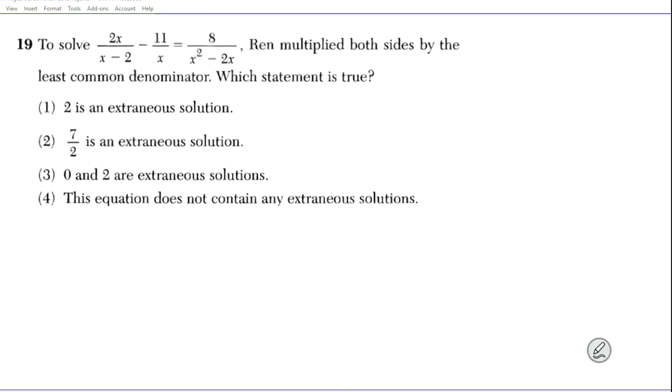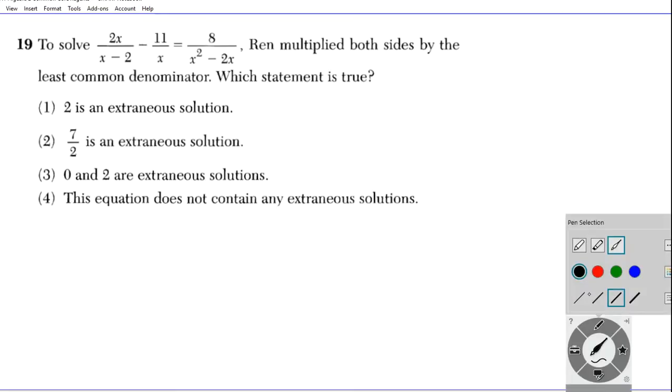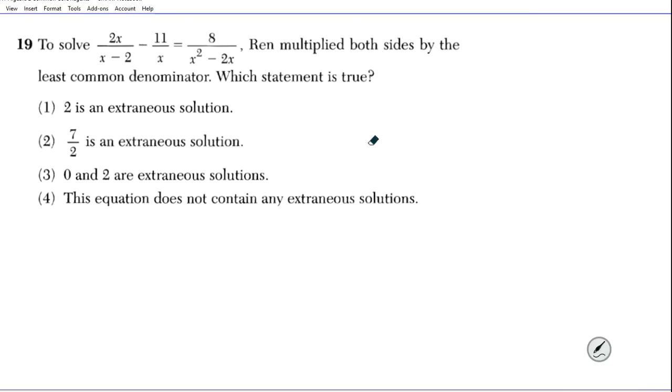All right, let's take a look at question 19. It reads, to solve the equation 2x over x minus 2 minus 11 over x equals 8 over x squared minus 2x, when multiplied both sides by the least common denominator, which statement is true?